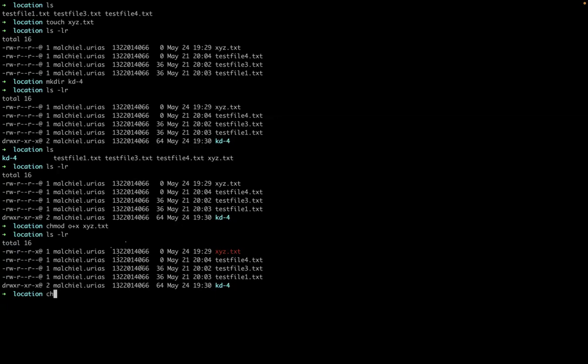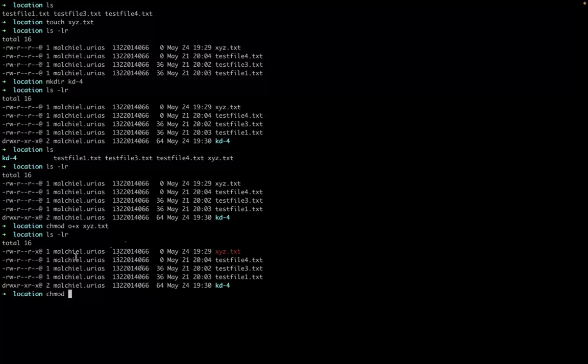If I want to also be able to execute the file as the user, I can do chmod. What should I use here? Somebody who hasn't spoken before should tell me. Adedeji, you're here, you've been quiet throughout. I'm trying to add execution privileges.